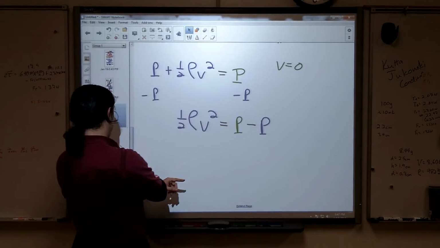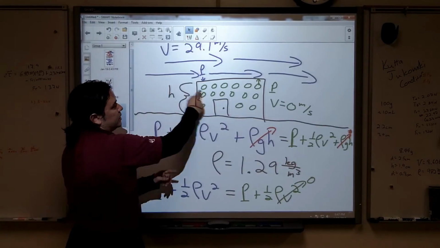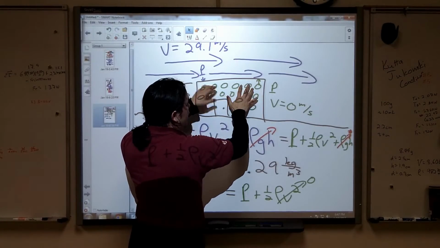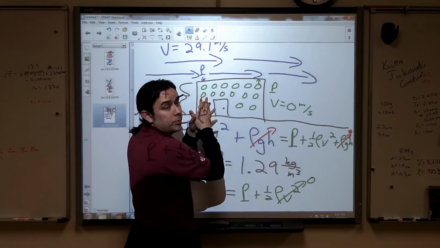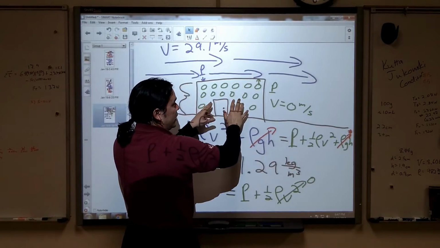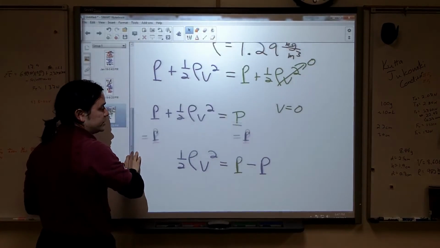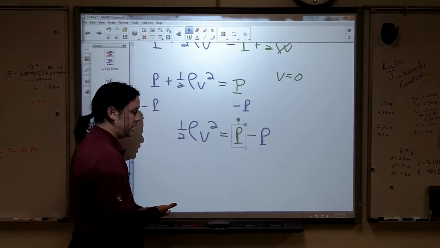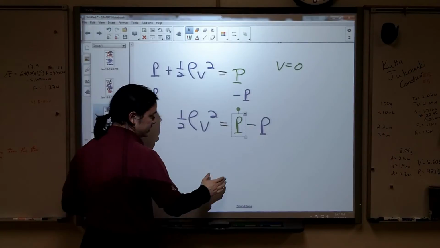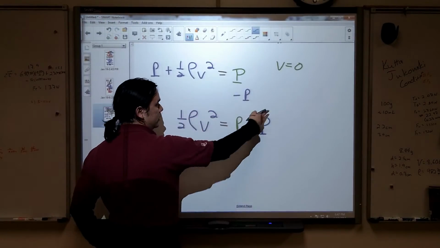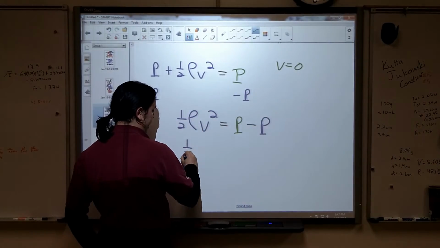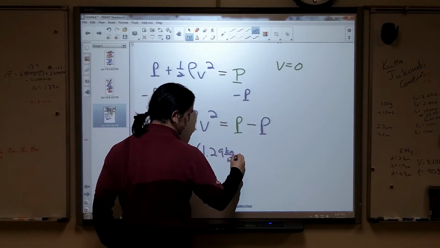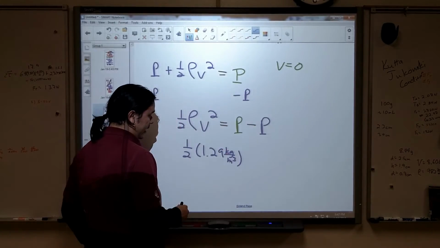So if I take the high pressure, because it's not moving here, I have high pressure here, and low pressure here, we're looking for the net pressure that we've got on the roof here. In other words, the difference in pressure, the big one minus the small one in this case, is how it conveniently comes out. And this is what I'm looking for, so I have 1/2 rho, where we need the 1.29 kilogram per cubic meter, which is the density of air.